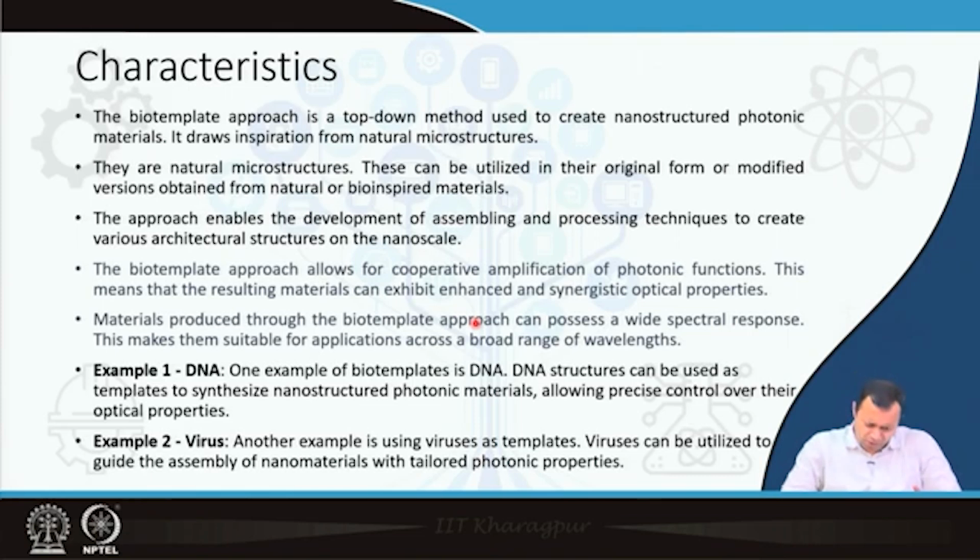You are thereby both in virus as well as in DNA, you are periodically varying the refractive index with polymer and air, and thereby restricting the movement of the photons, and in essence making some kind of an optically active, or electromagnetically, let me rephrase it, electromagnetically active nanostructure.